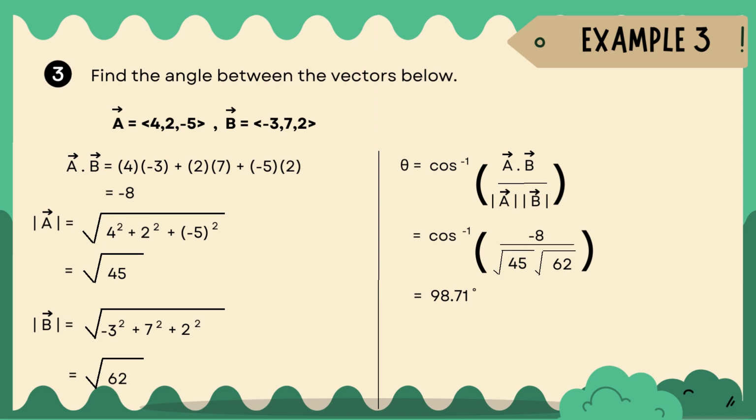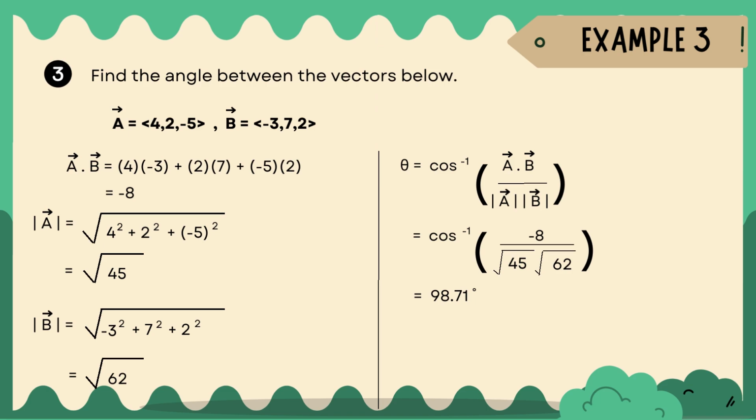Magnitude vector A equal to square root 4 square plus 2 square plus negative 5 square equal to square root 45. Magnitude vector B equal to square root negative 3 square plus 7 square plus 2 square equal to square root 62.